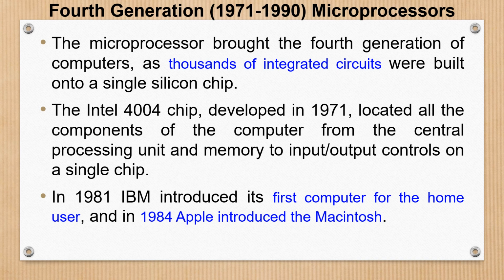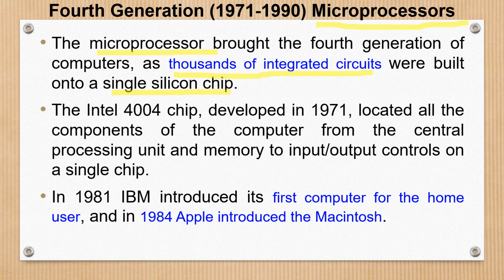Okay. So after completion of the third generation, the fourth generation started from 1971 to 1990, and that used the concept of the microprocessor. In that era, the microprocessor was used, in which thousands of integrated circuits were built on a single silicon chip.